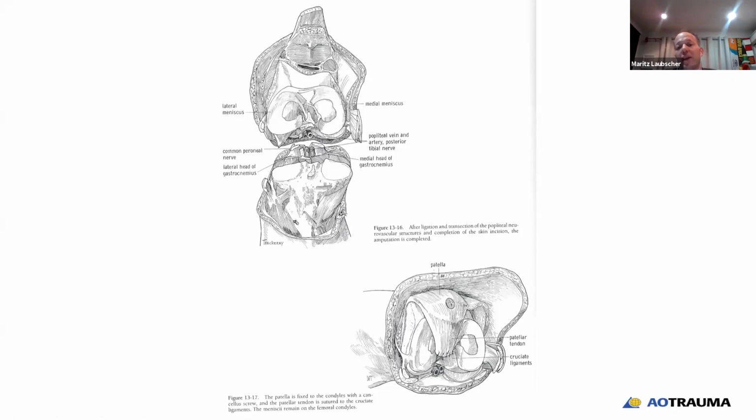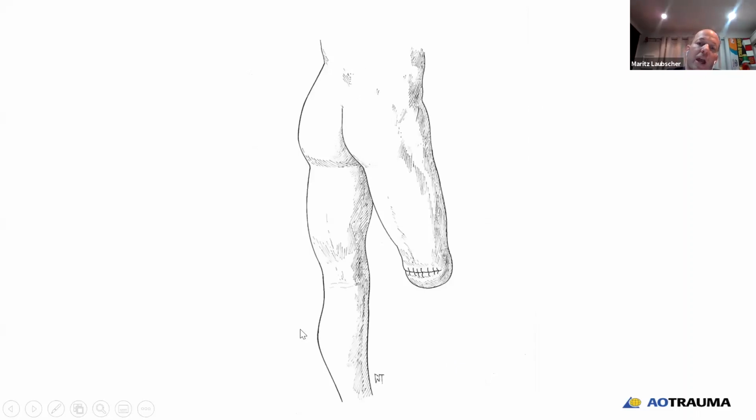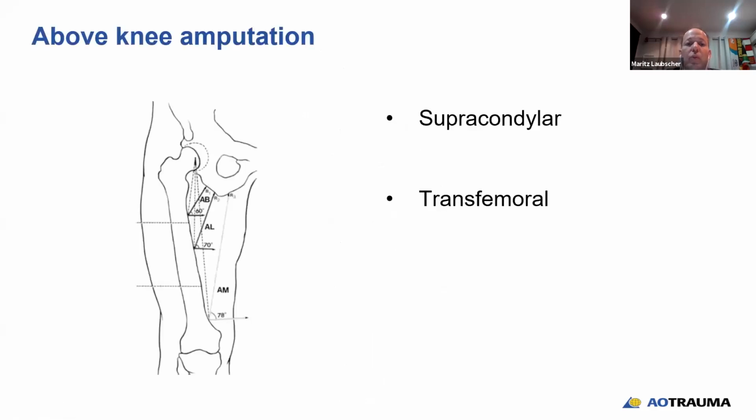So if you do a through knee amputation, you just cut them and let them retract, the patient has significant loss of power of hip extension. So do it this way. You can myodese all your hamstrings, medial and lateral, to the residual stump of the cruciates, also your patella tendon, and then you end up with a posterior suture line, and it gives a very good stump for prosthetics.